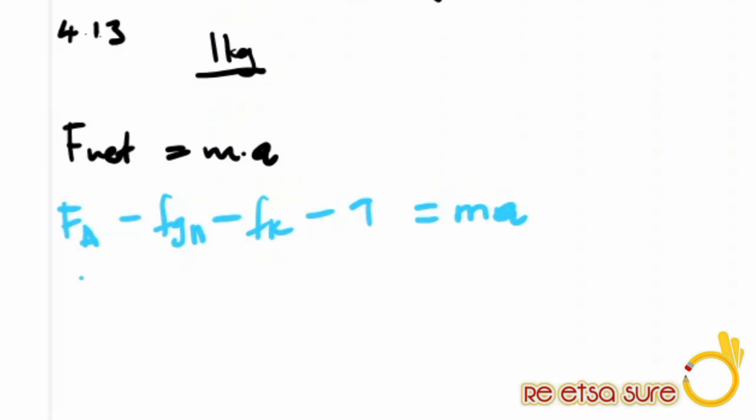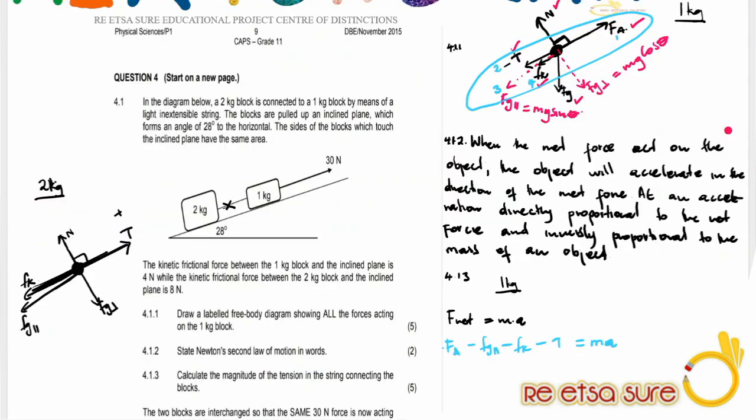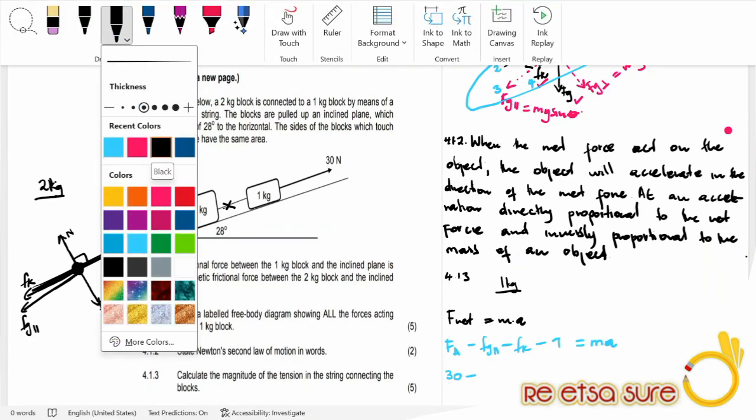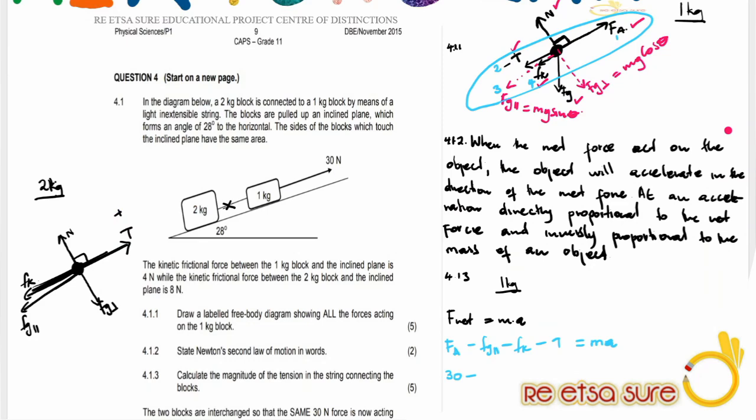Now, what is the value of FA? The value of FA is 30 newtons. So here I'm going to put 30 minus the value of FG parallel, which, as I said earlier, is mg sin theta.